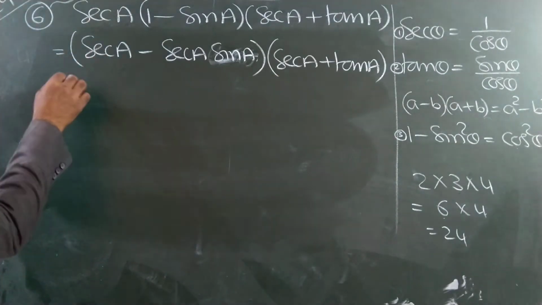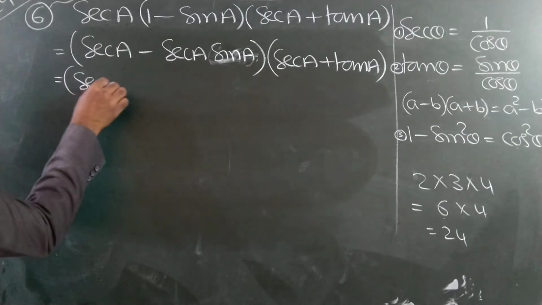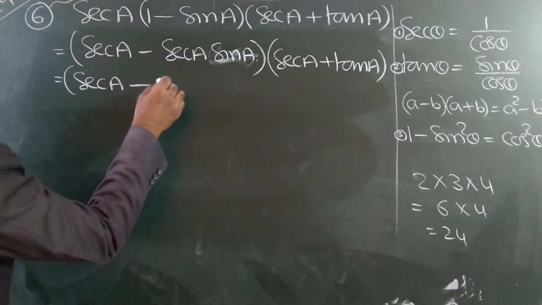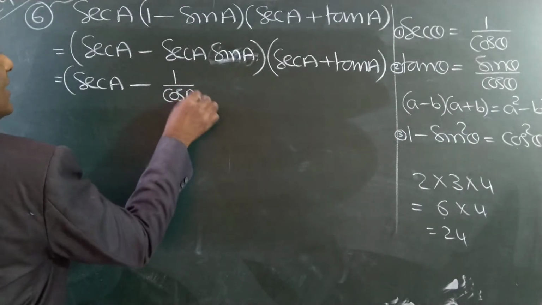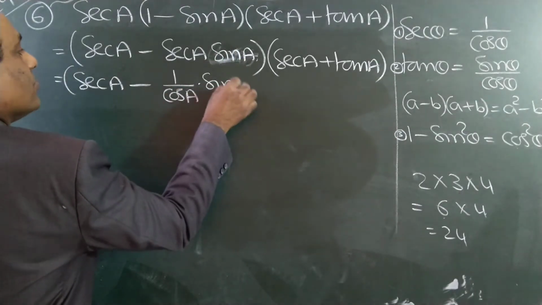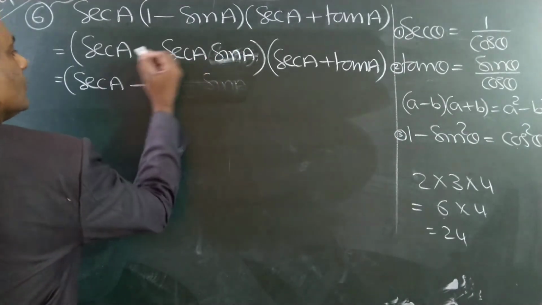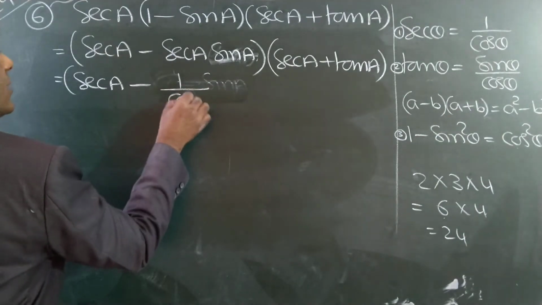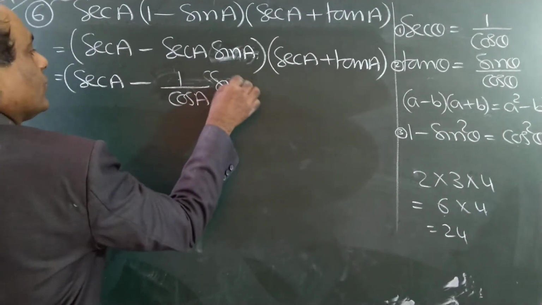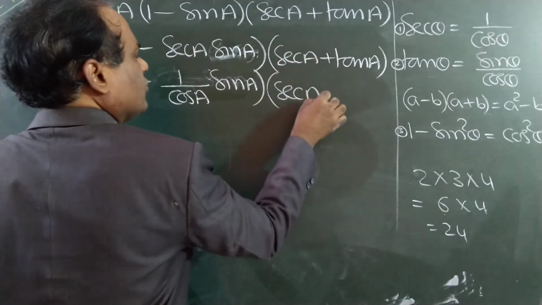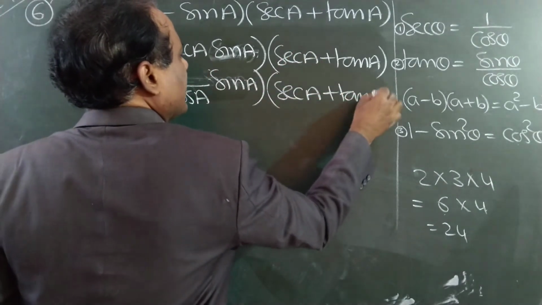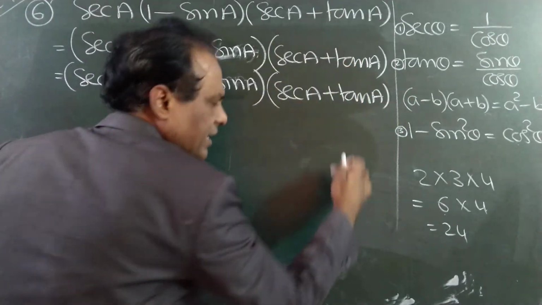Next step. I will write this secant A as 1 by cos A, this sine A same, and this secant A as 1 by cos A into sine A. This third factor I am keeping the same every time.